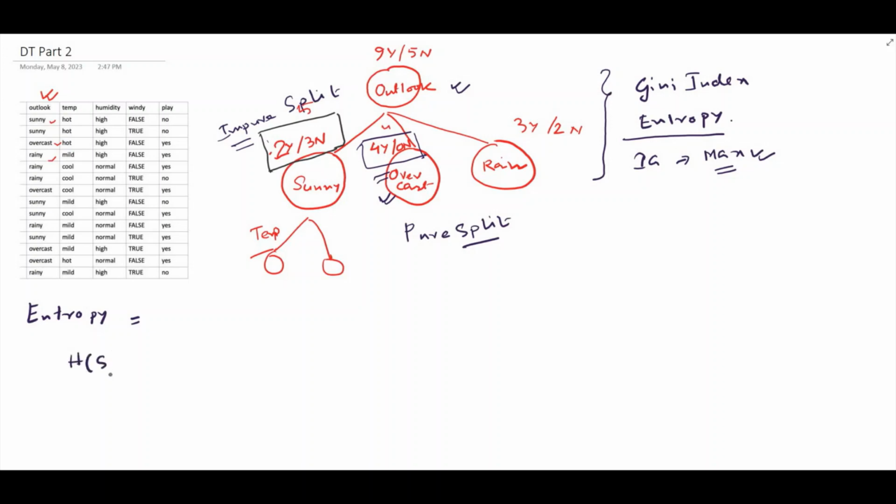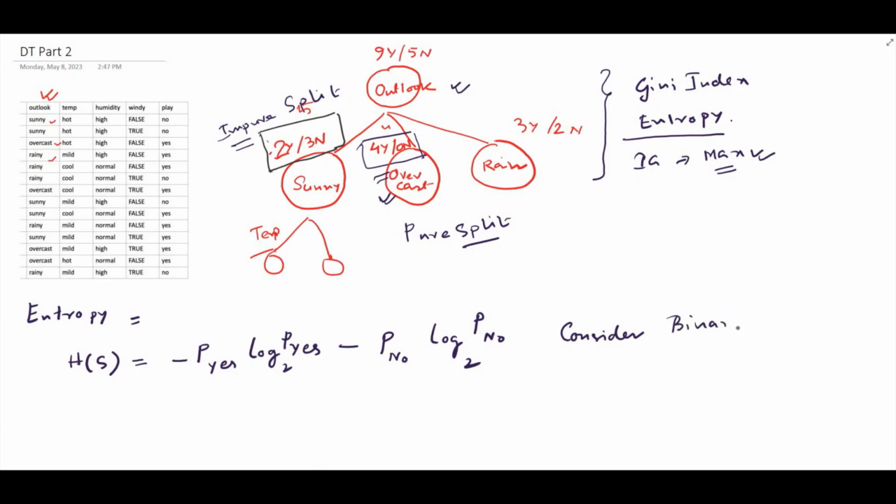Normally we write it like this: minus probability of yes log base 2 of probability of yes, minus probability of no log base 2 of probability of no. I am writing this formula for binary classification, so consider we are dealing with binary classification.